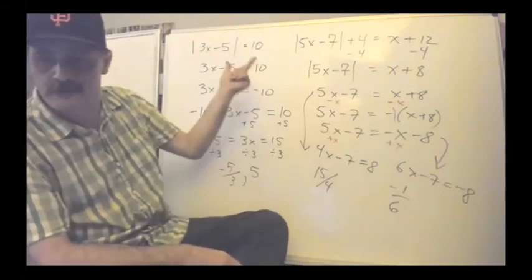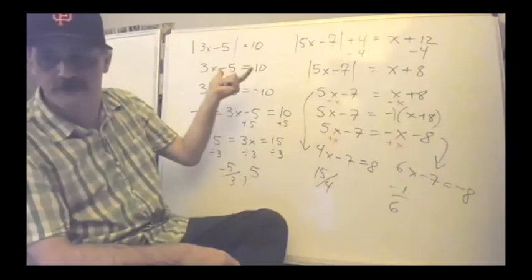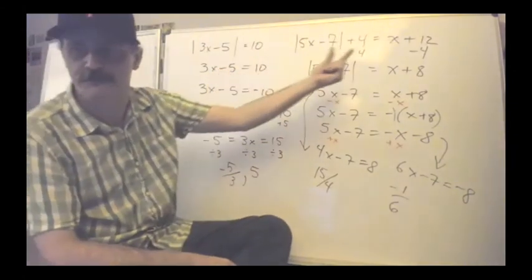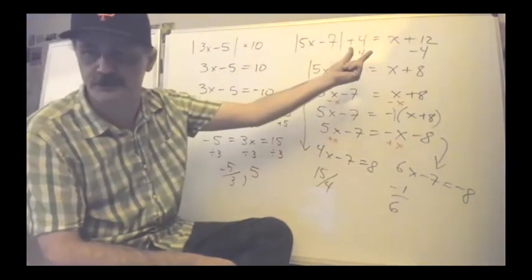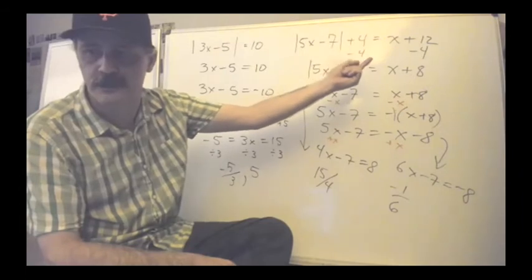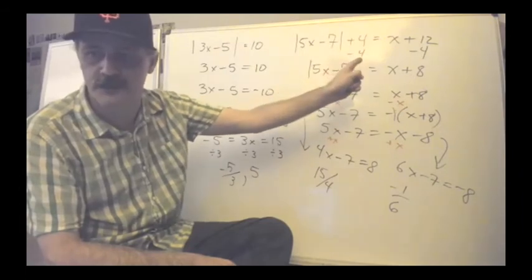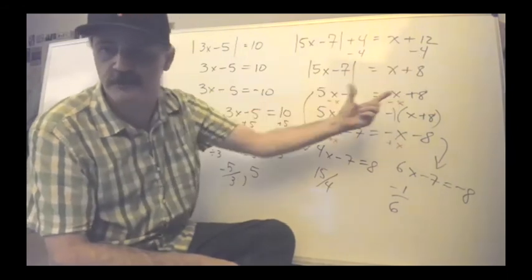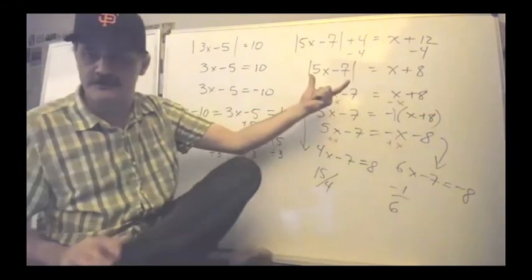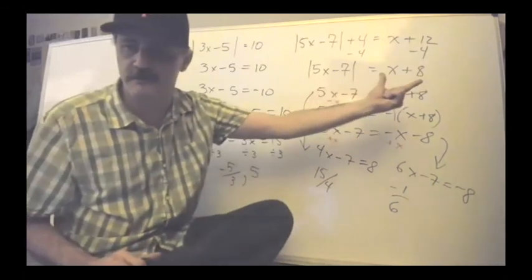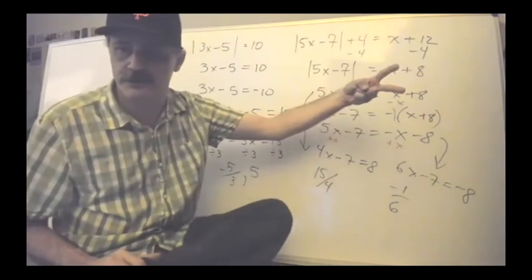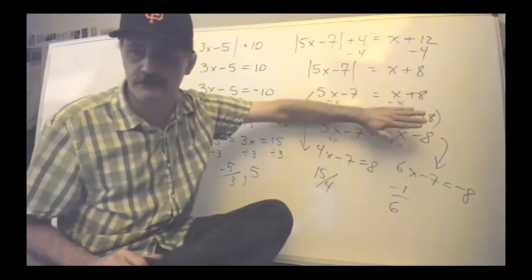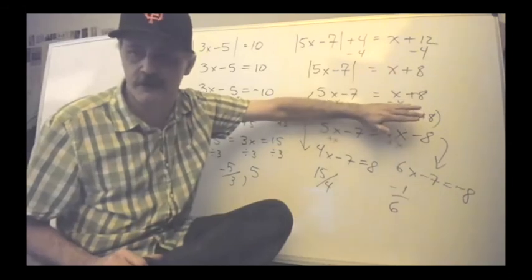Okay, so this problem is not that much different from this. You just got to do something first before you break it into your two solutions. So here we wanted to get the absolute value by itself. That's why I subtracted 4. And then over here you got to subtract 4 from the 12. Now we have the absolute value by itself equal to the other side. So we create two equations, drop the absolute values, write exactly the same problem.